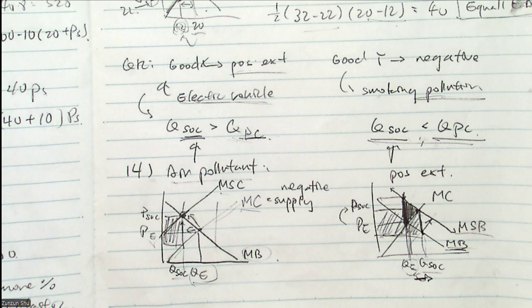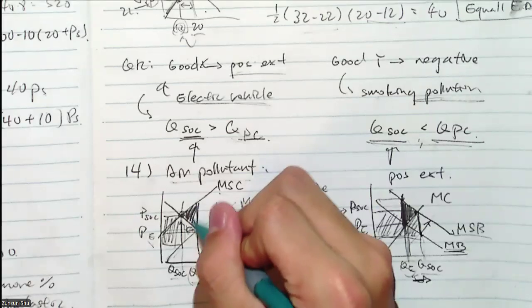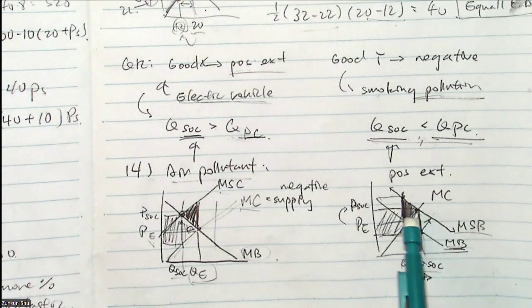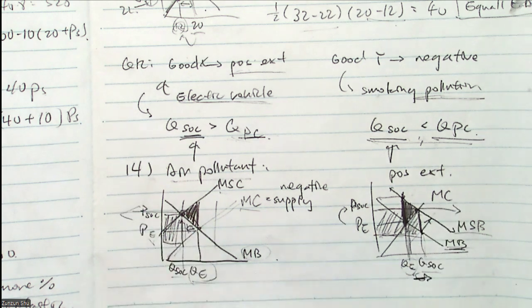For negative externalities, I'm not sure if it makes that much sense either. It's not what you might think is here, but it's actually here. Very strange, right? Here at least it sort of looks like a normal DWL. It's facing right, but here it's actually facing left.